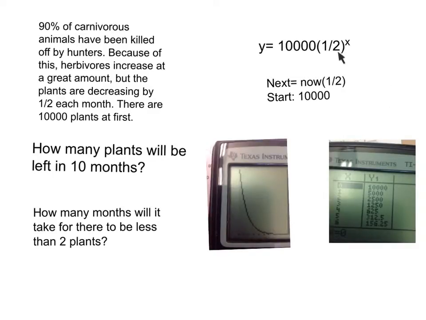So over here we have our equation set up, which is 10,000, which is the starting point, the start of the plants in the month. We have the amount it's decaying by right here, and then x is the amount of months.